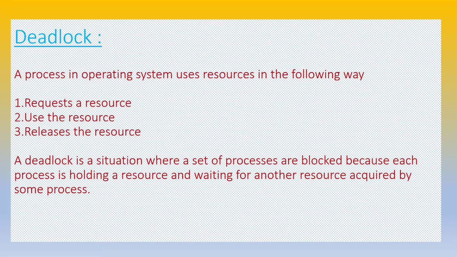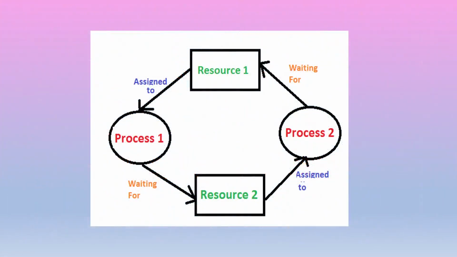Coming to the example in operating systems, it is somewhat similar to the trains example. Let us consider there are two processes, process 1 and process 2, and also resource 1 and resource 2.